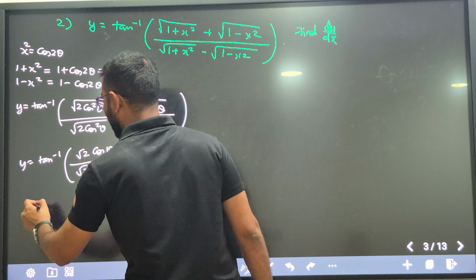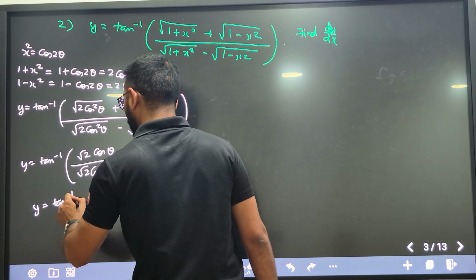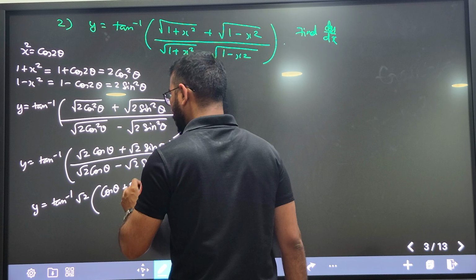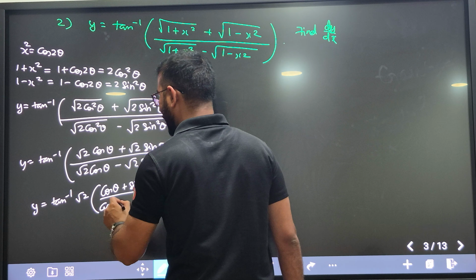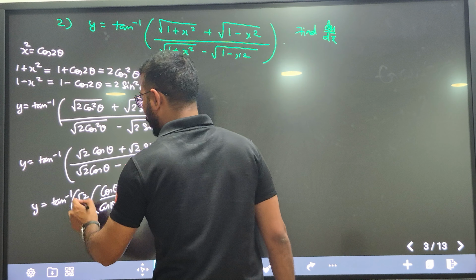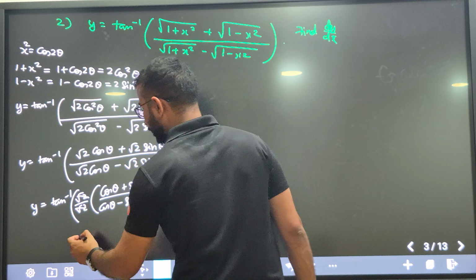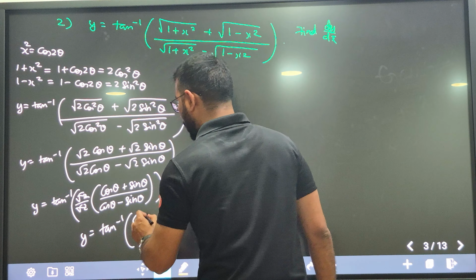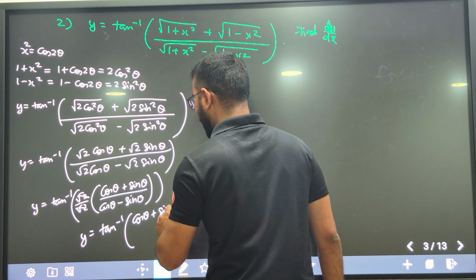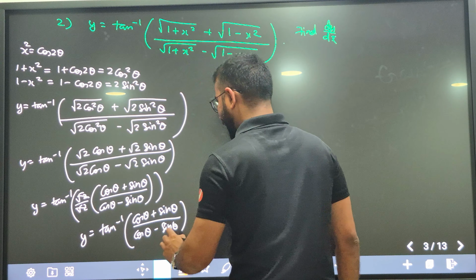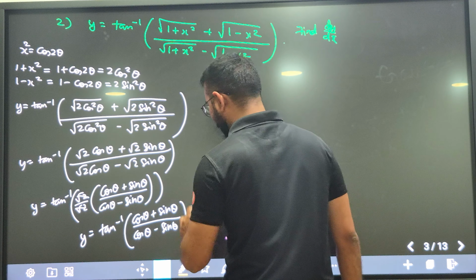Now what you can take common is root 2, cos theta plus sine theta whole divided by cos theta minus sine theta. Now root 2 cancel. So y is equal to tan inverse cos theta plus sine theta whole divided by cos theta minus sine theta. Now the next step is interesting, right?